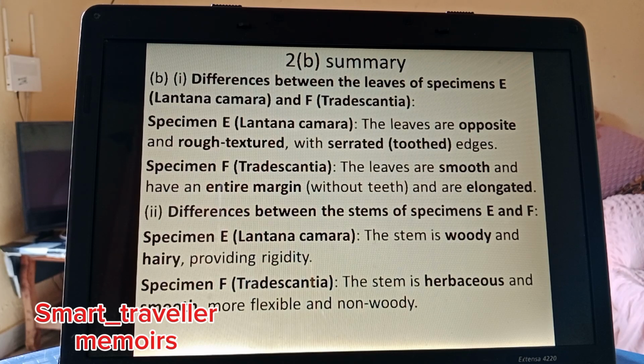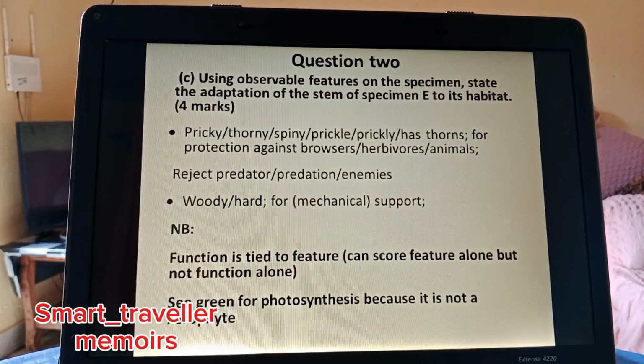Entire means without the teeth. Differences between the stems of E and F. Lantana camara, the stem is woody and hairy or thorny, providing rigidity. F, the stem is herbaceous and smooth, for example, and non-woody.